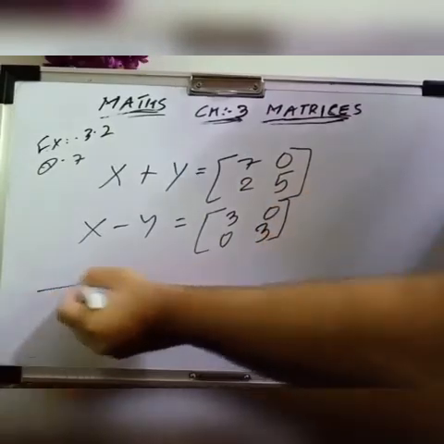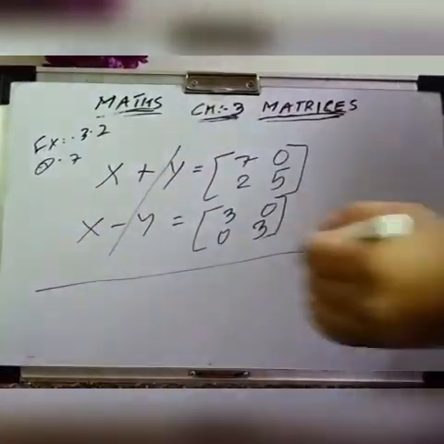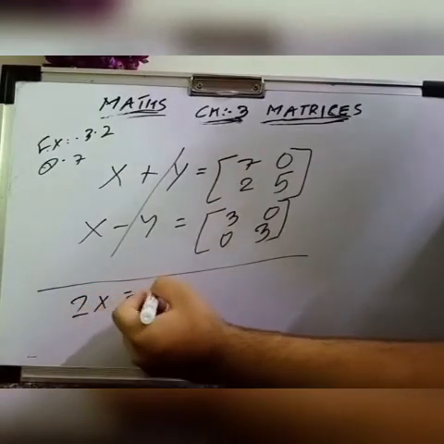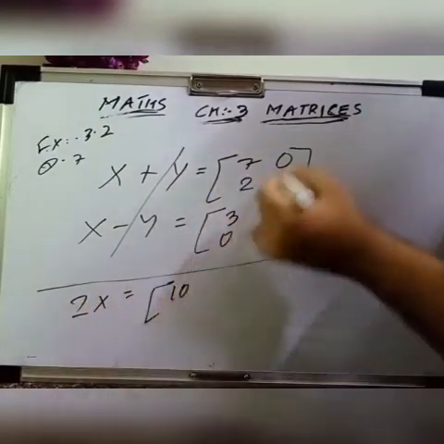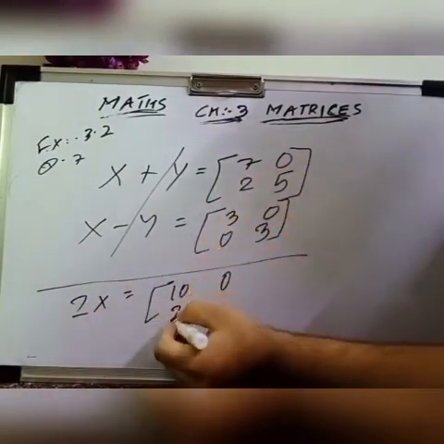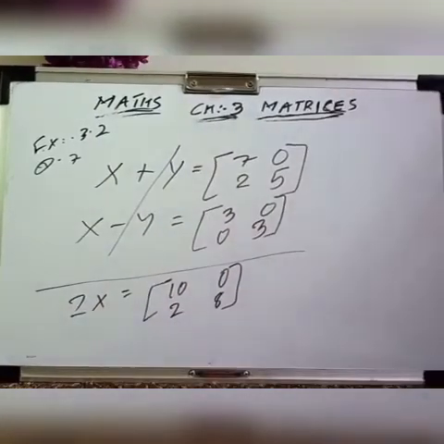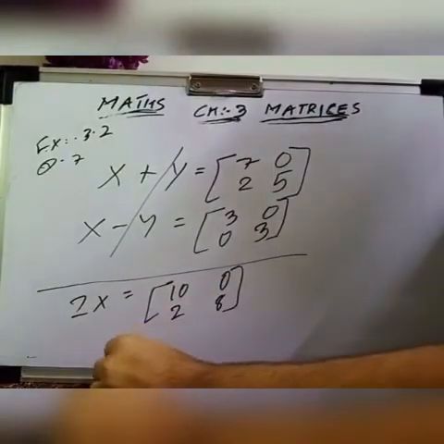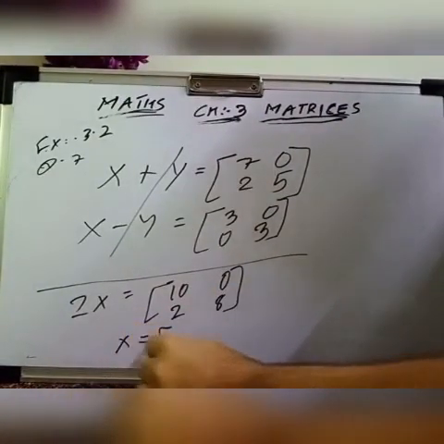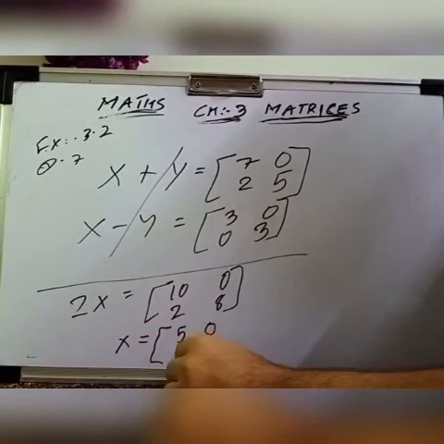Right, so if I directly add this, then plus y and minus y will get cancelled and 2x will give me 10 0 2 8. Right, so if I divide each and every element, I will have the value of x, that is 5 0 1 4.